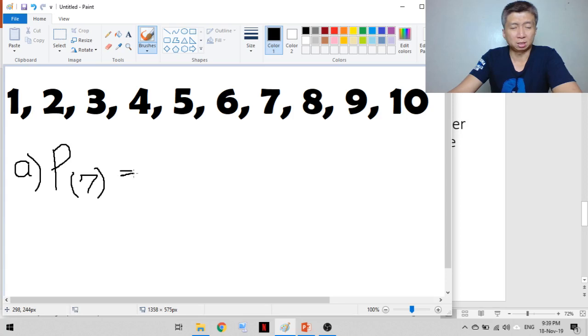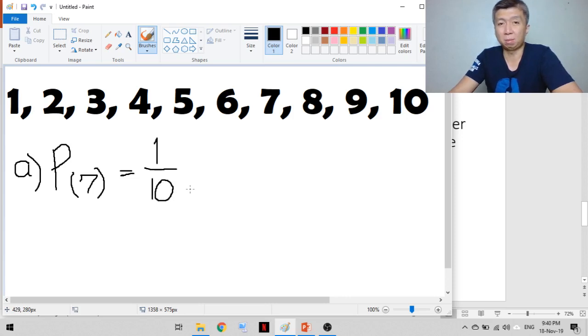Ilan number 7 ang nakikita natin from numbers 1 to 10? Isa lang, di ba? So, ibig sabihin, ang probability na makukuha niya ay number 7 ay 1 over 10. Napakaliit na tsansa na makuha niya yung number 7.